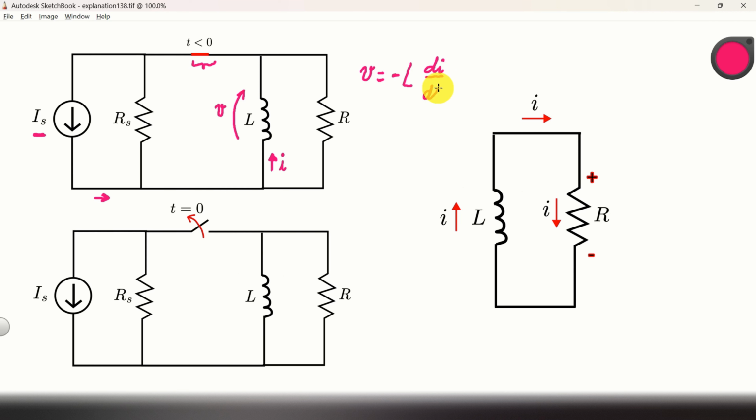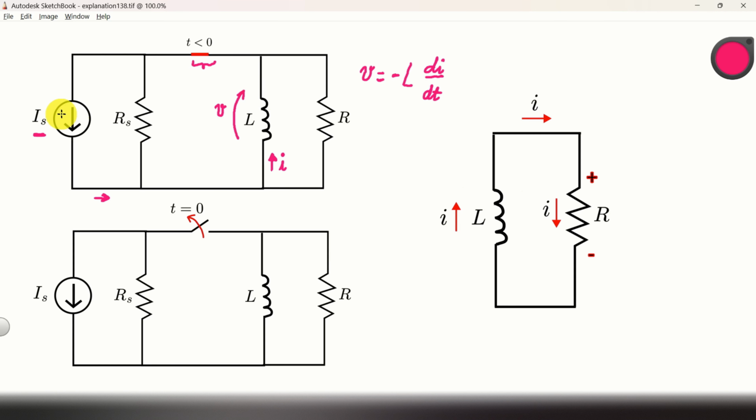That is, we will have the first derivative of the current flowing through the inductor. Here the minus sign takes into account the convention, since over here the current flow is in the direction of the voltage. That's why we have the minus sign over here.